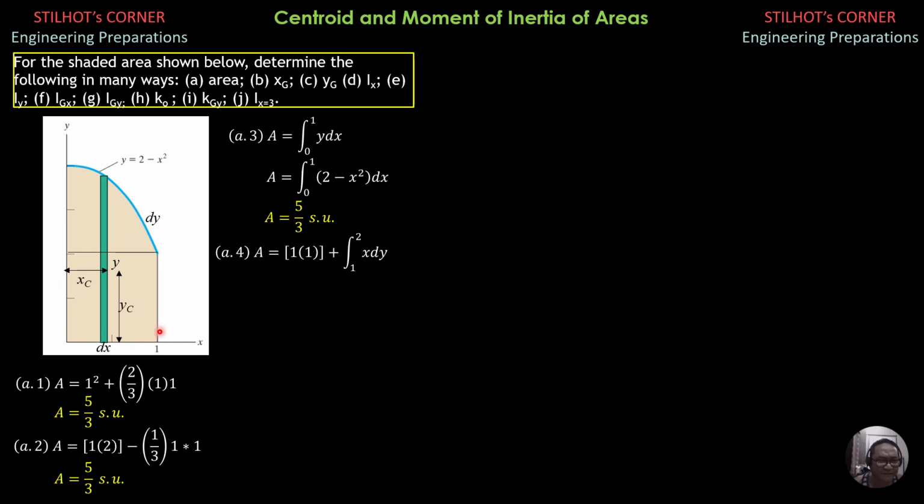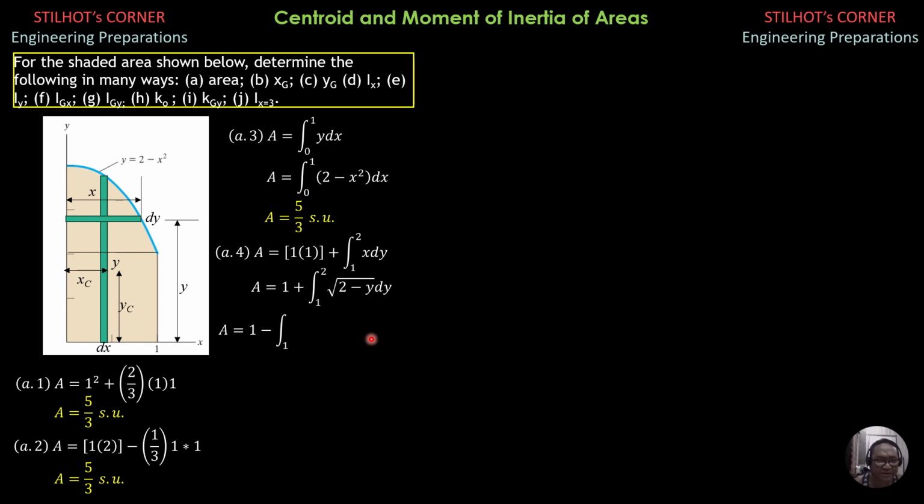Area is area of square 1 by 1 plus area of the upper part, and using horizontal strip, the length of the strip is x, the thickness is dy, and since it begins with this line here, limits would be 1, y is 1, to y is 2, x dy, where x is square root of 2 minus y. So integral 1 to 2 of square root of 2 minus y dy. So area equals 1 plus this area here, which is 2/3 supposedly.